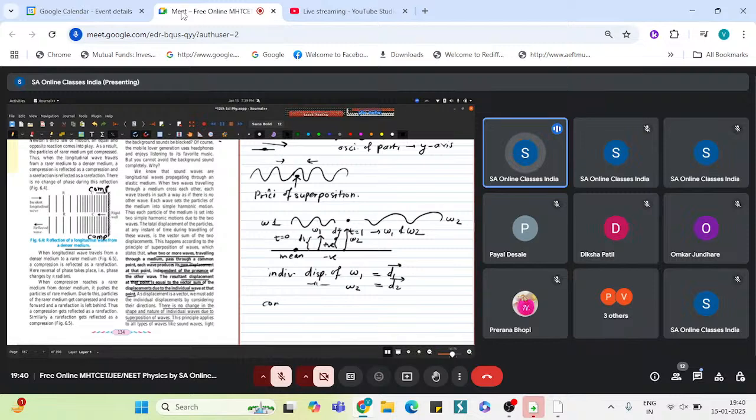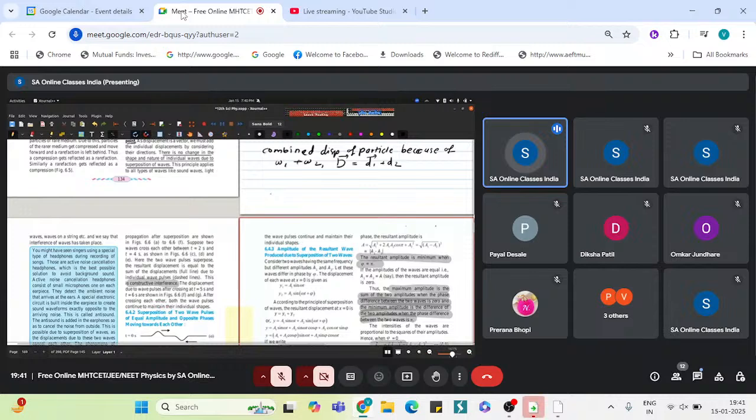So now the combined displacement of the particle because of wave 1 plus wave 2, let's say the combined displacement is capital D, and that is just going to be the vector sum, d1 plus d2. And if we want to represent this pictorially, we can say that wave 1 changes this particle to here.